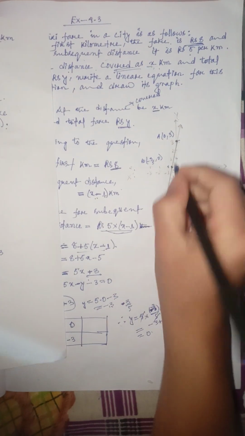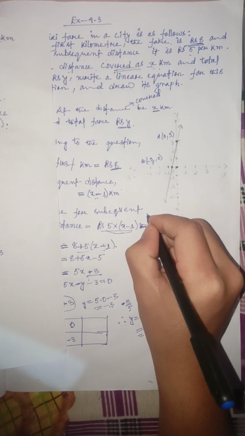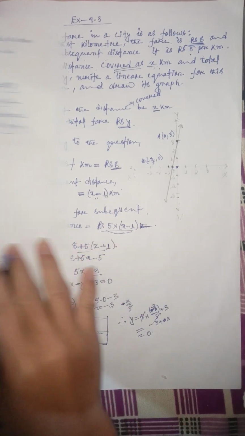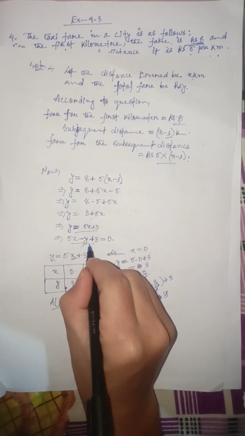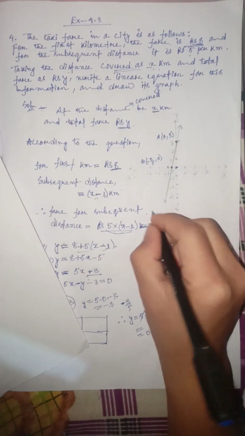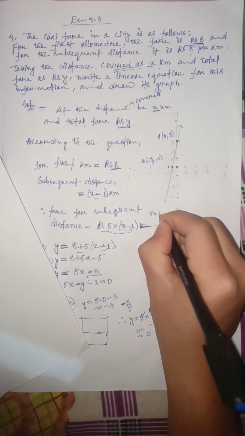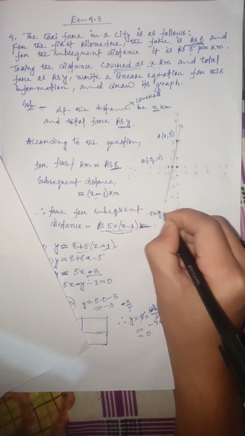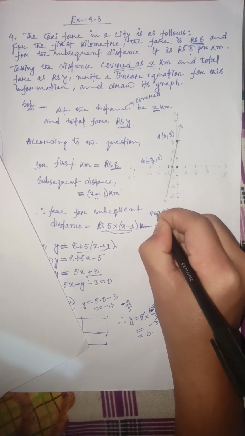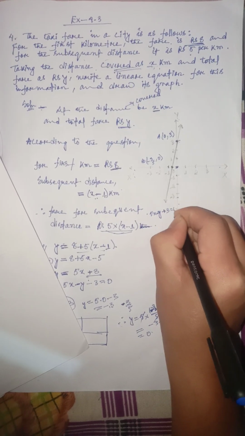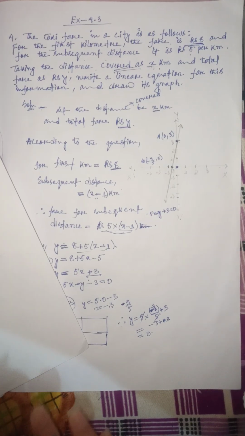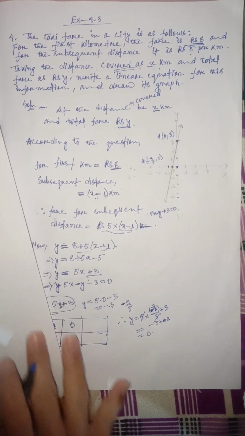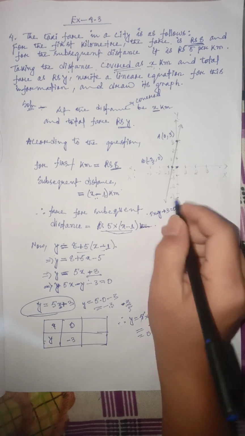This line represents the linear equation in two variables that we got just now, which is 5x minus y plus 3. Let us write here 5x minus y plus 3 equal to 0, right? So this is the required equation that is represented by this line.